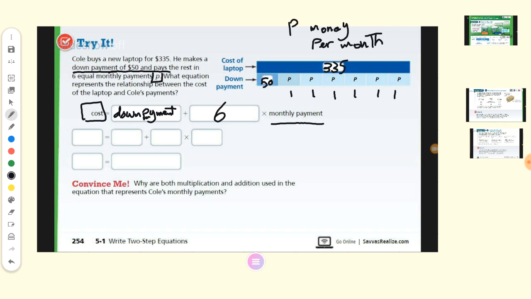So it's 6 times the monthly payment, which I will write as B. So cost here 335, down payment 50, and 6 multiply B. So the last form of the equation is 335 equals 50 plus 6B, which is the equation. So as I told you before, the lesson today is how to write a verbal or written problem as a math equation. Okay?